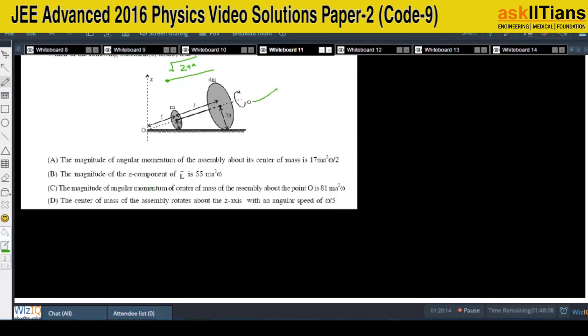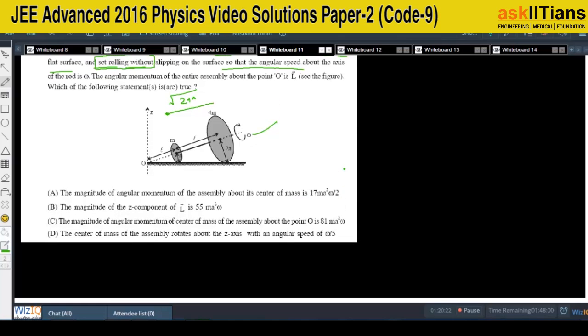Now we will check. The magnitude of angular momentum of the assembly about its center of mass is 7ma² omega by 2. Let's check. If it makes an angle theta like this, this will make a right angle.